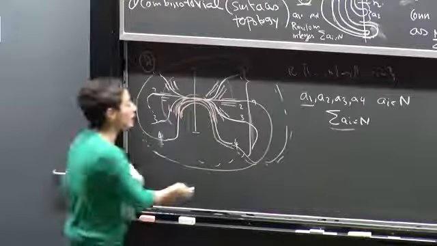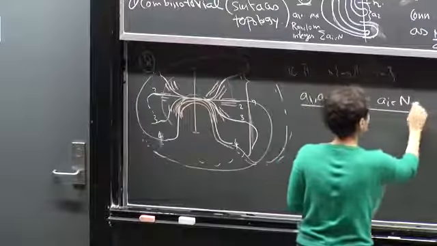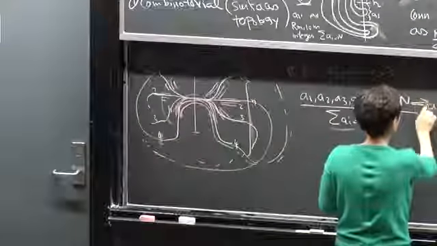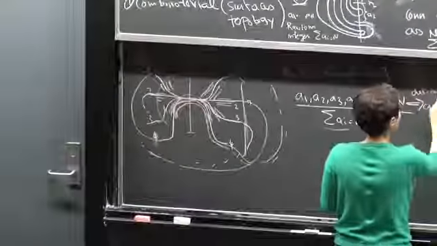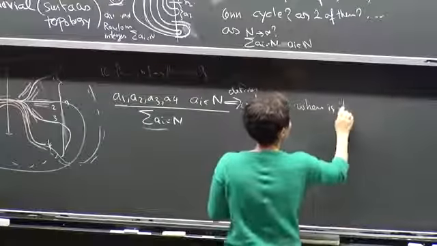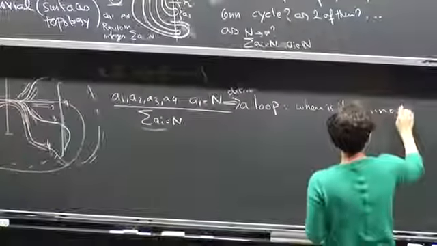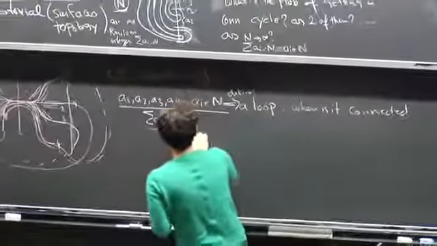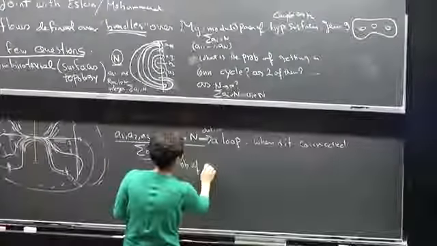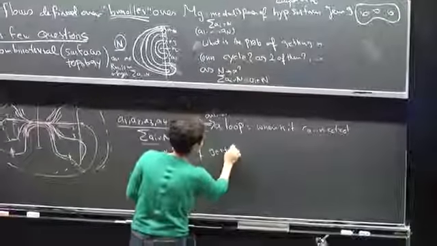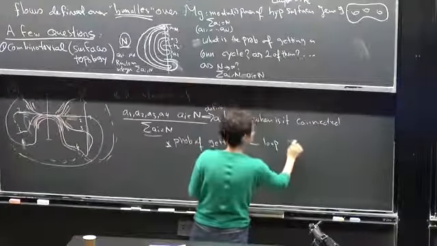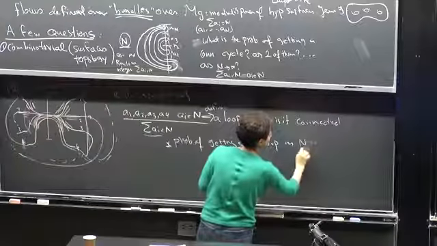So A1 to AN will determine a loop. And the question is, when is this loop connected? Or what is the probability, to be more precise, of getting a connected loop as n goes to infinity.